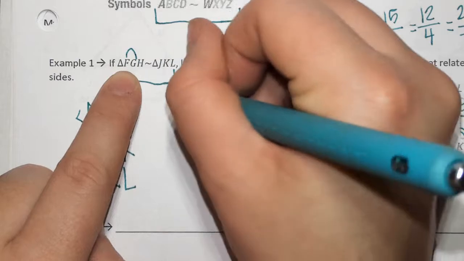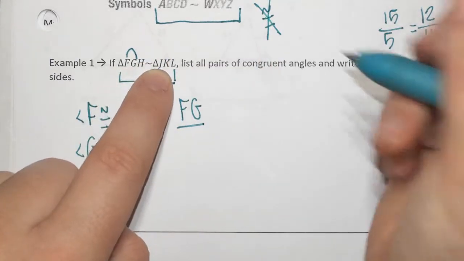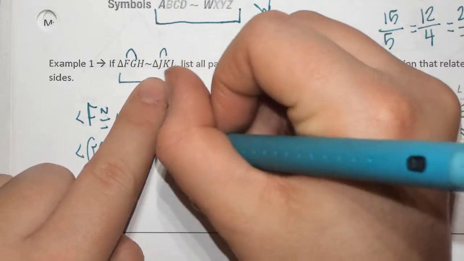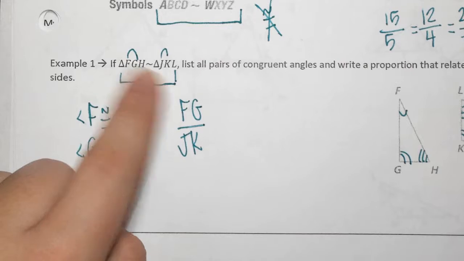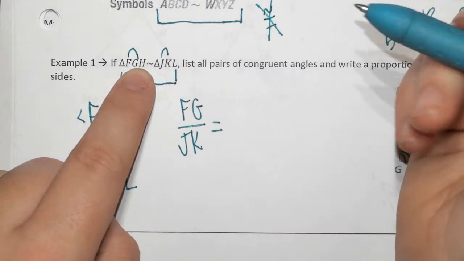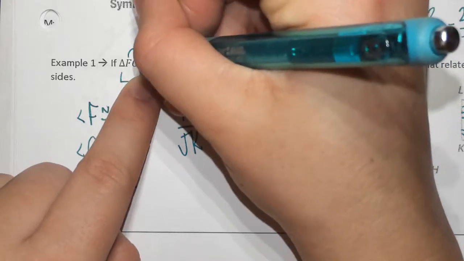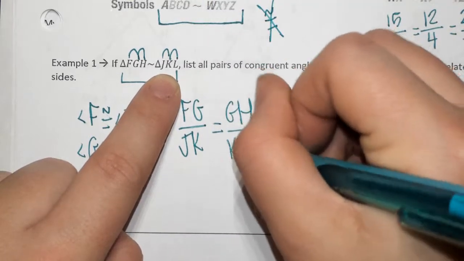Because the first two, FG, goes with the first two over here, which is JK. So the first ratio is FG to JK. So it's first to second, which equals 2 to 3, which is GH. So GH to KL.